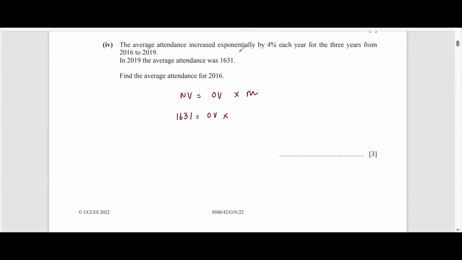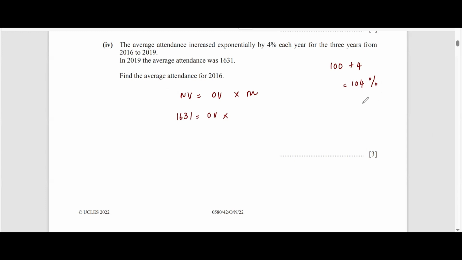Now, multiplier, it is increasing exponentially by 4%. Increasing by 4% means 100 plus 4 percent. 100 plus 4 is 104 percent. And we know that the multiplier will always be represented in decimals.